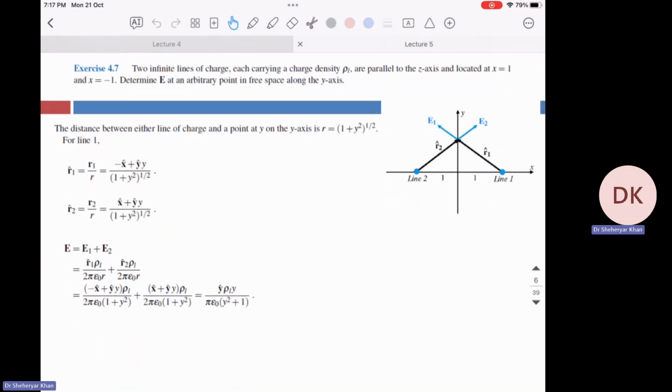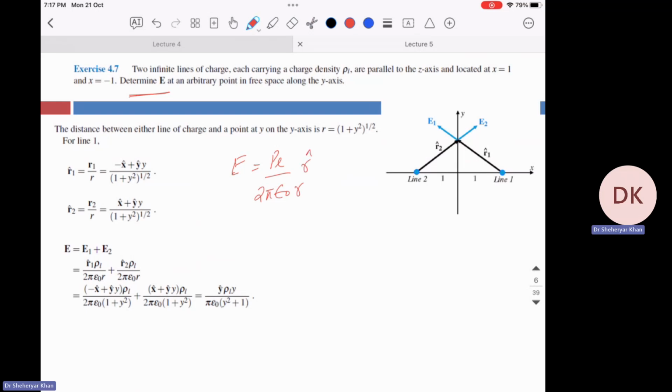This is another tutorial problem that asks you to find out the E, or the electric field, due to the infinite line of charges. Now, you should know that the E for an infinite line of charge is equal to rho L divided by 2 epsilon naught R here, right? Along with the R unit vector.